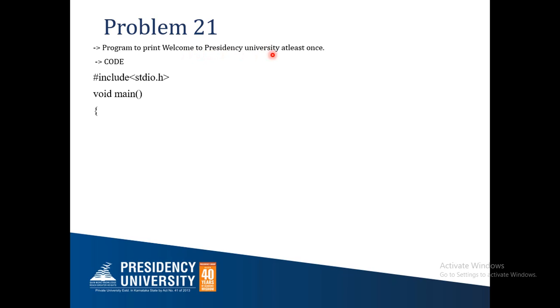What's new here is the term at least once. It means at least one time we want to display without checking the condition. Later it depends, whether you want to display 5 times or 10 times. But for at least the first time we are going to display without checking the condition.